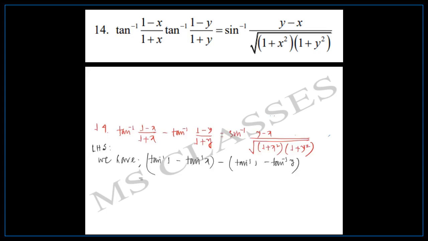Now that is tan inverse of y minus tan inverse of x. How? Very simple. Minus into minus will be plus, giving minus tan inverse of x. Now this is tan inverse of (y minus x) by (1 plus xy).